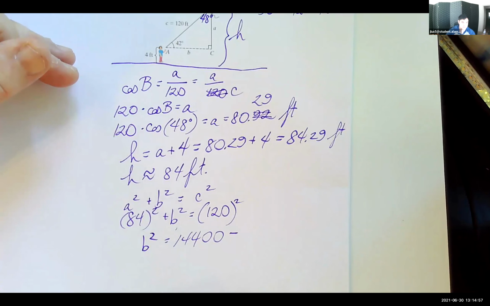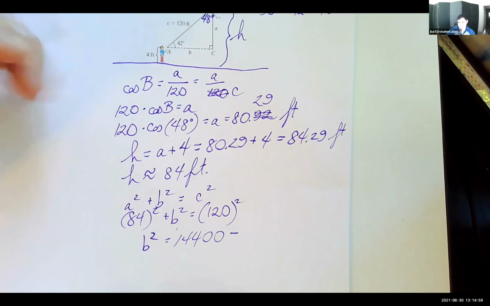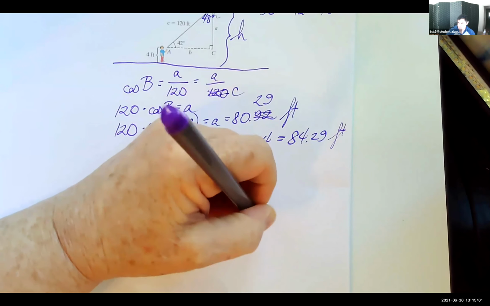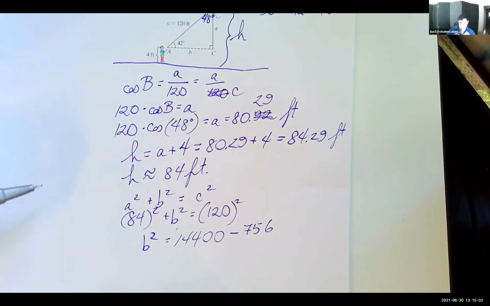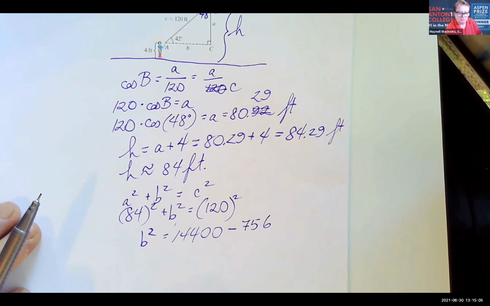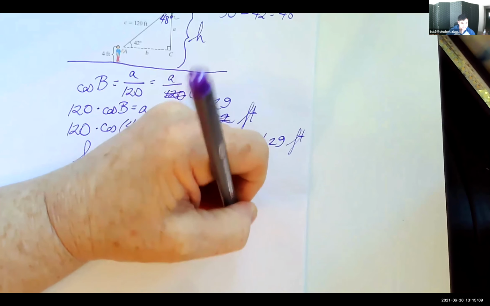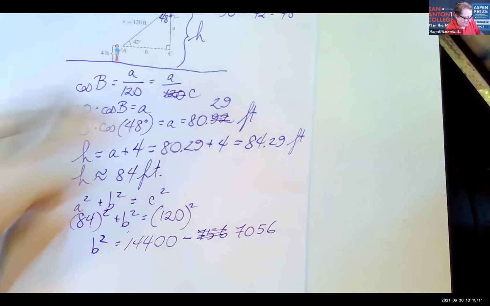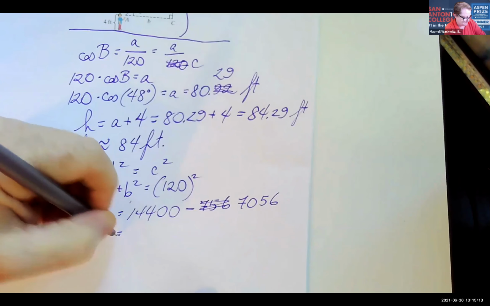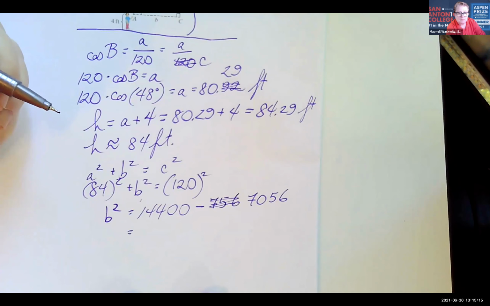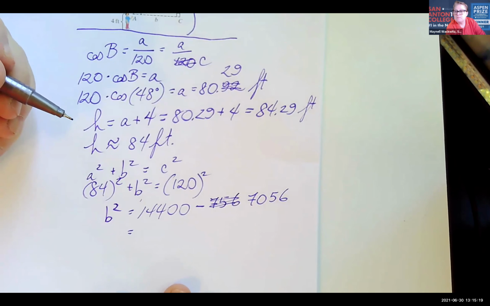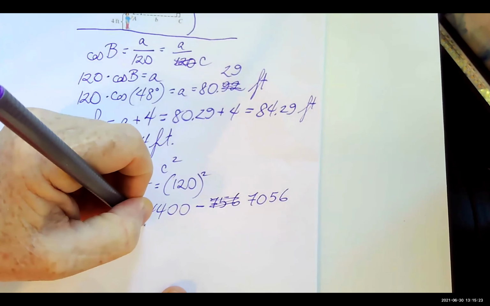Sorry, I was muted. That was 7,056. Any zeros? 7,000. 7,056. All right. And what is the difference here? 7,344.